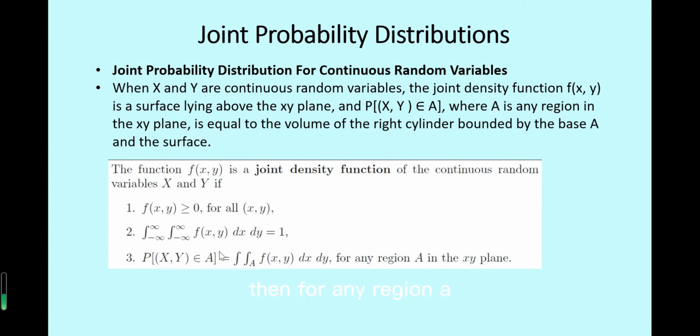Then for any region A, P((X,Y) in A) is this joint density function f(x,y) integrated over dx and dy in this region.